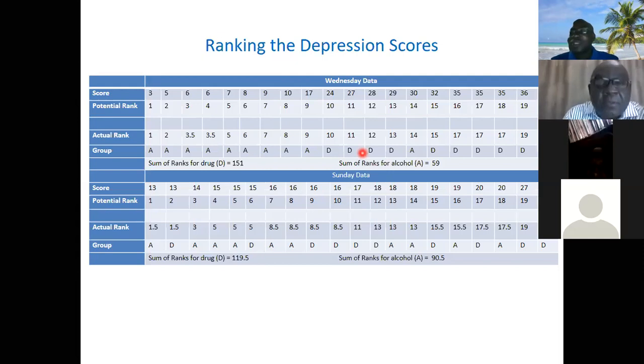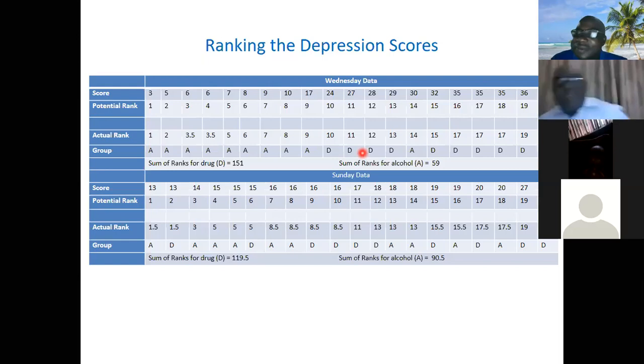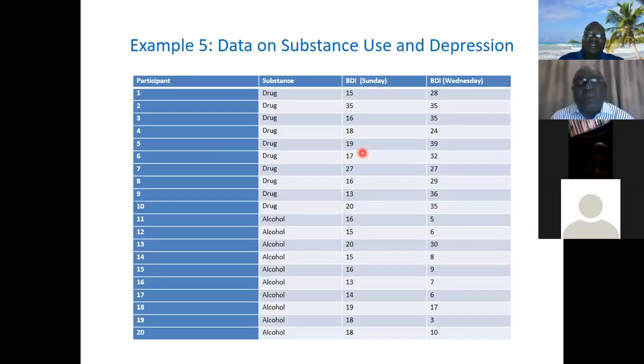I have a question. Yes, sir. The sum of ranks for drug is 151. I thought the drugs were the ones above, or are they the ones below? Like the first slide you showed, the drugs were on top, then alcohol at the bottom.